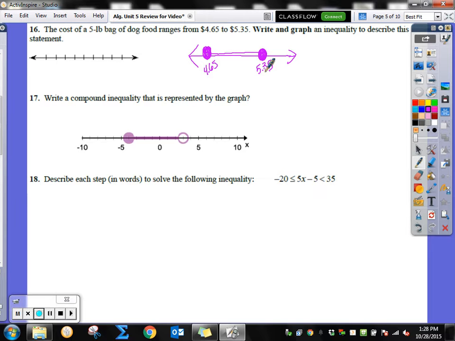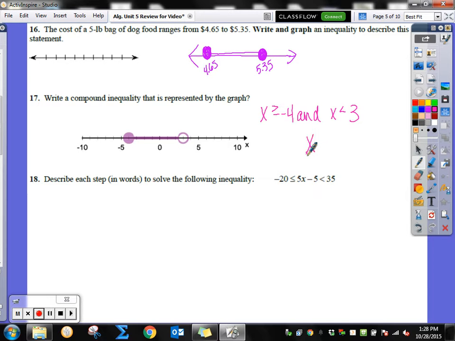If we need to write a compound inequality, first and foremost, you should recognize that this is an and because it is shaded in the middle. So we would say that X is greater than or equal to negative 4, and X is less than 3. Remember, whenever you have an and inequality, you can always write it compoundly without the word and.